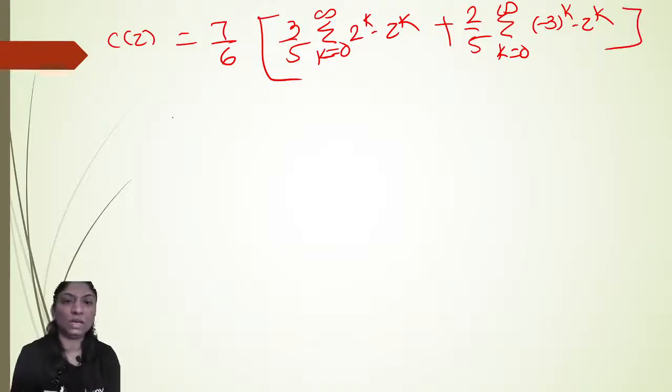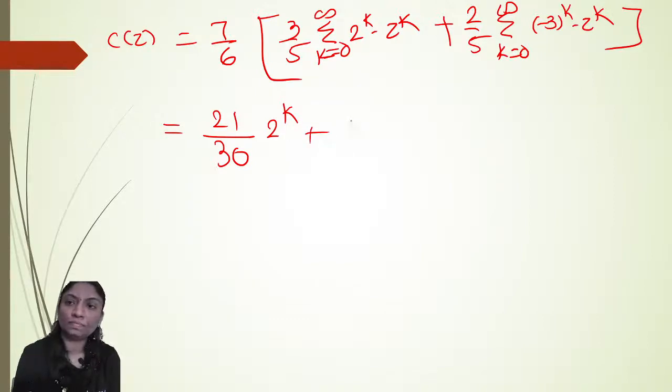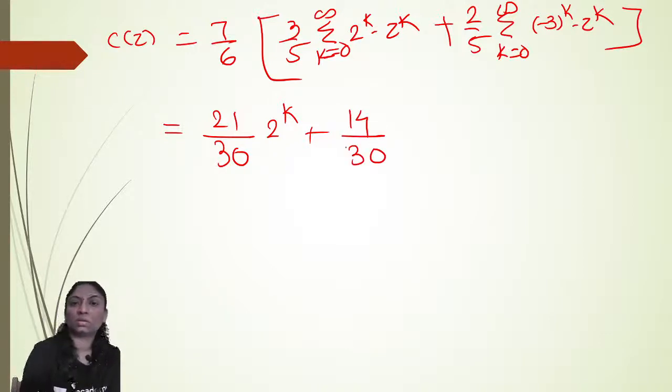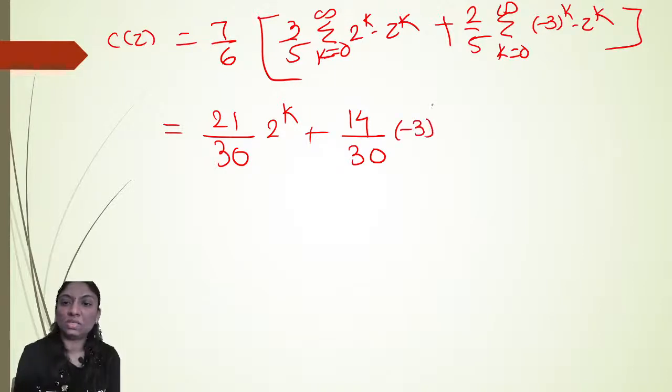So multiplying you get 21 upon 30 into 2 raised to k plus 14 upon 30 into minus 3 raised to k. Okay, that's C of z.